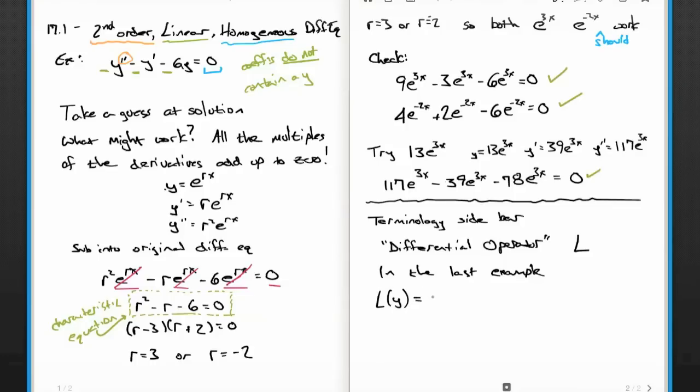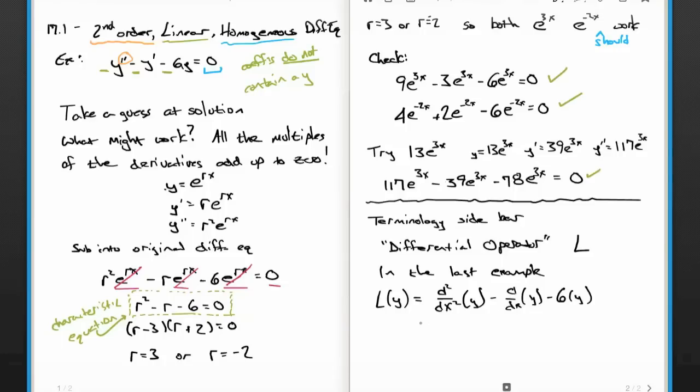When we take L of y, it really means d squared dx squared of y, so basically the second derivative, minus d dx of y, minus 6 times y. All right, so the second derivative minus the first derivative minus 6 times the original function.